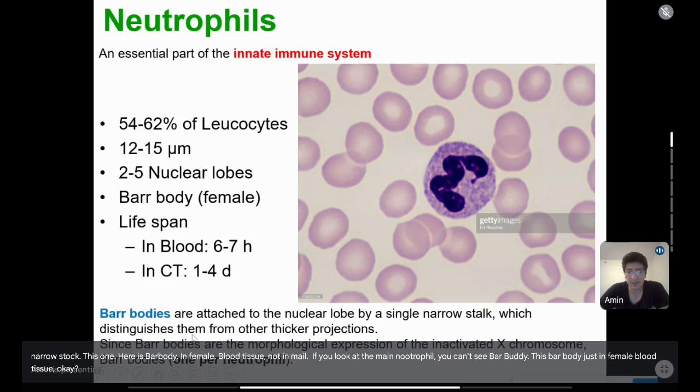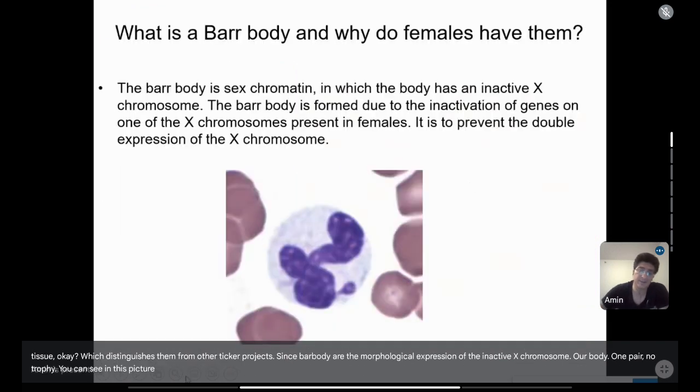This distinguishes them from other thicker projections. Bar bodies are the morphological expression of the inactive X chromosome, one per neutrophil. You can see in this picture, or in this picture by high magnification: this is neutrophil, this is bar body.